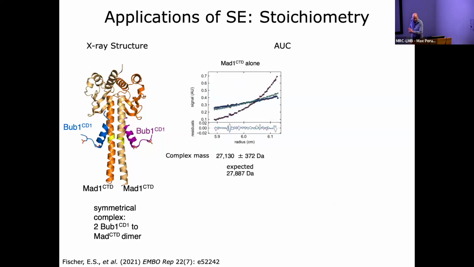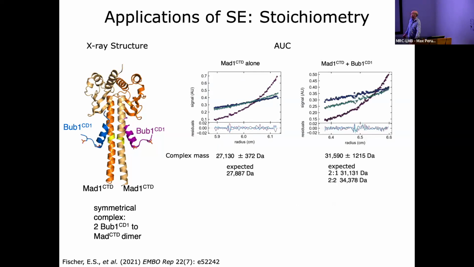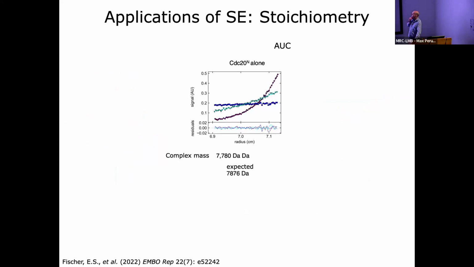So let's do some AUC. MAD alone is 27 kilodaltons. That looks pretty good. Put in BUB1, and it's only gone up to 31, which means that only one is binding to each dimer of MAD. Okay, let's have a look at CDC20. We know that binds.